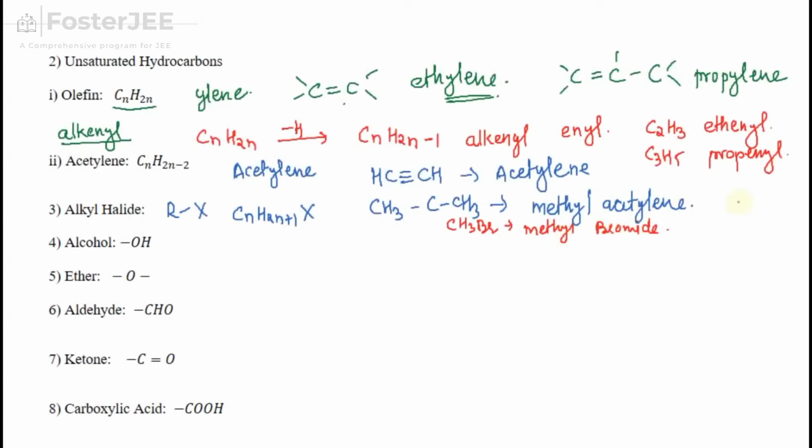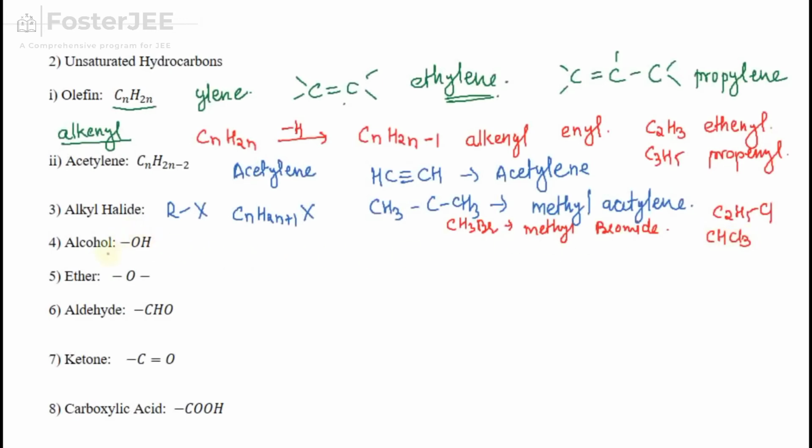Similarly, this compound C2H5Cl is ethyl chloride. If more than one halogen is attached with the carbon, then di, tri, tetra are used. For example, CHCl3. The name of this compound is carbon trichloride.